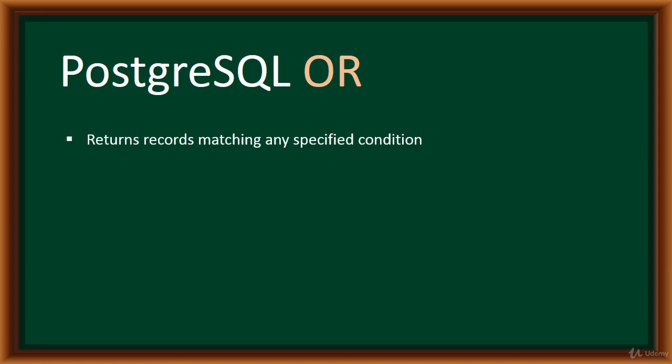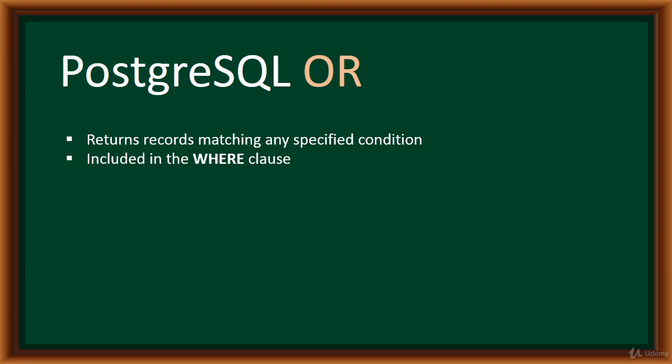You usually will specify more than one condition. It doesn't have to match all the conditions. As long as it matches one, it will return data for whichever condition it matches. It is usually specified inside the WHERE clause of the SELECT statement.